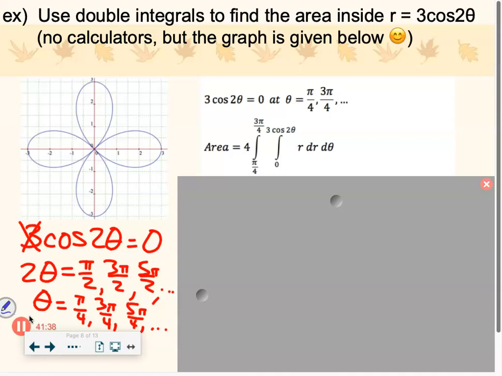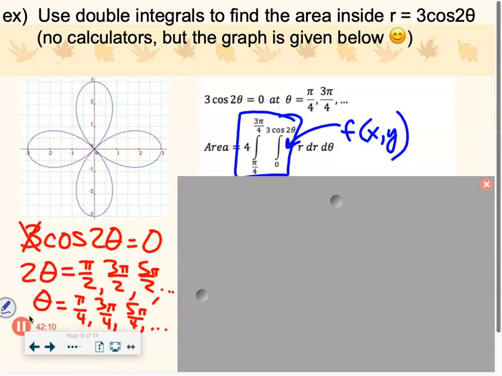So if we had a function f of x, y, please stop talking for 1 minute. This shape is the base on the r theta plane, and then z comes out of it, right? So if we have some z function, what you're getting is a volume of some surface within that cloverleaf boundary on the r theta plane.